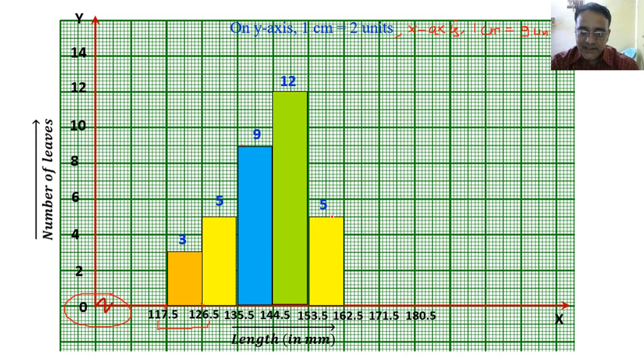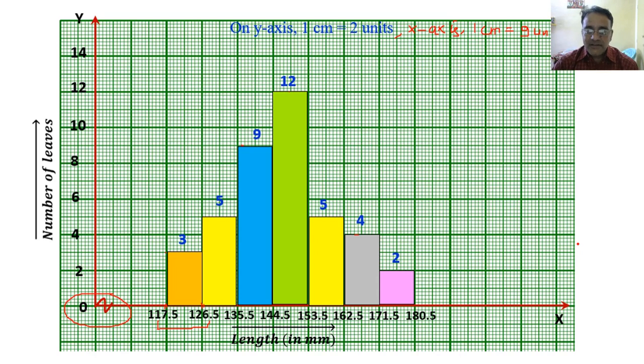And next one is 4. 4 means up to here we have to draw the bar height, and the last one is 2. Okay, so whether this is clear to all of you, how to draw histogram? Yes, sir. Okay. And the gap should not be there like what we have in bar graph, right?